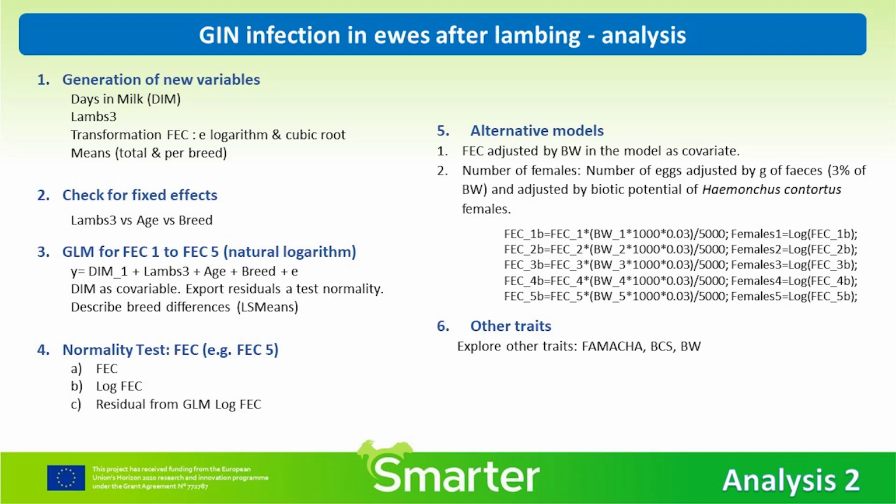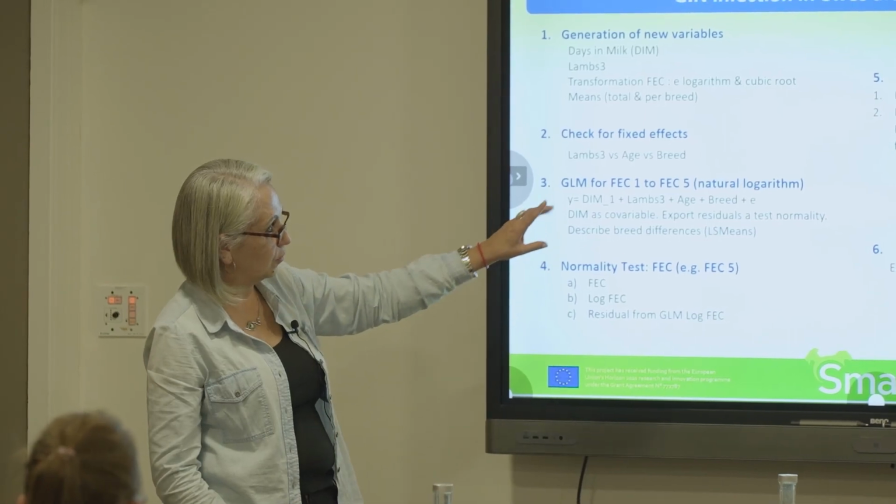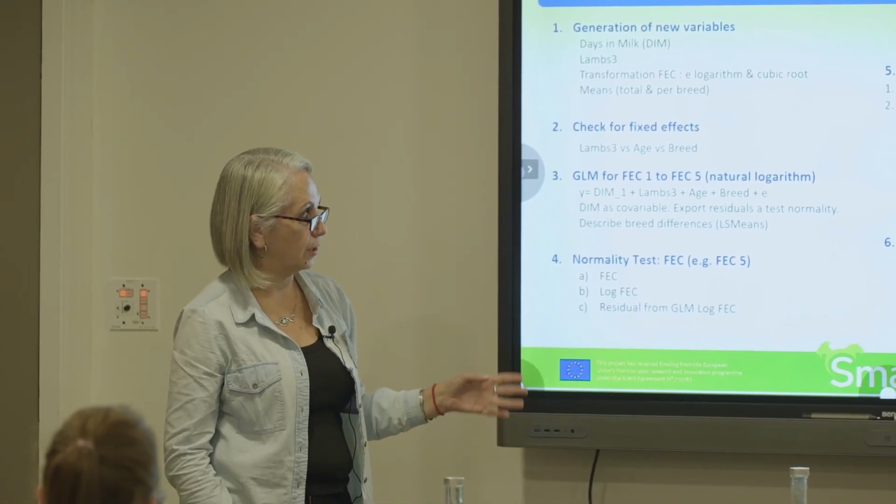Check for the fixed effects, lambs versus age and breed. A simple GLM to analyze the difference between breeds. You may even want to transform the database and do something continuous or with multiple traits. The normality again. And you can check alternative models.